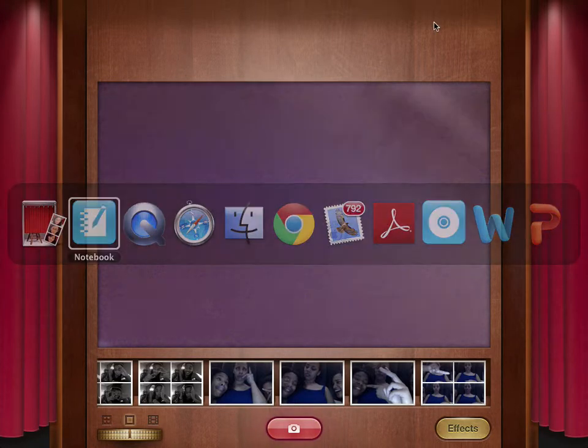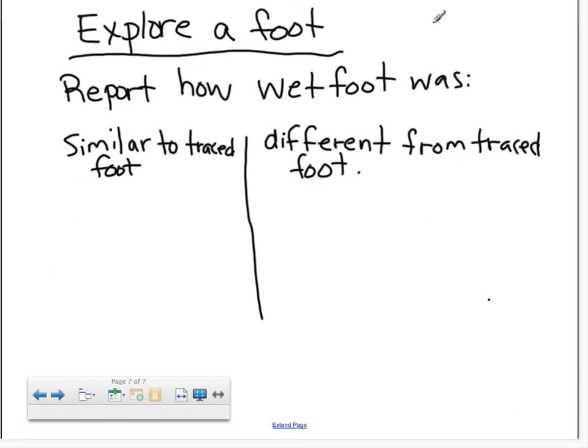So how was the traced foot similar to the wet foot? It was a foot. It still had the same shape, right? How was it different?